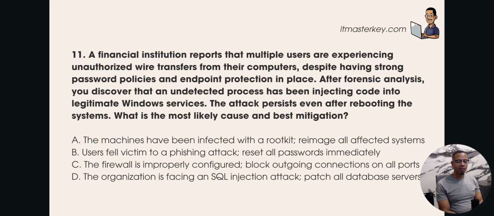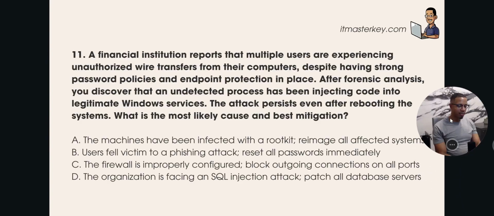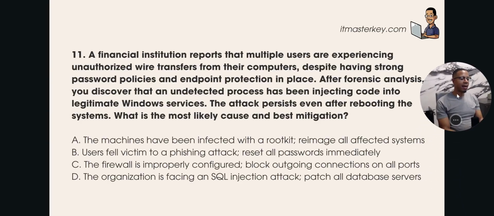A, the machines have been affected with a rootkit. Re-image all affected systems. B, users fell victim to a phishing attack. Reset all passwords immediately. C, the firewall is improperly configured. Block outgoing connections to all ports. D, the organization is facing an SQL injection. Patch all database servers.